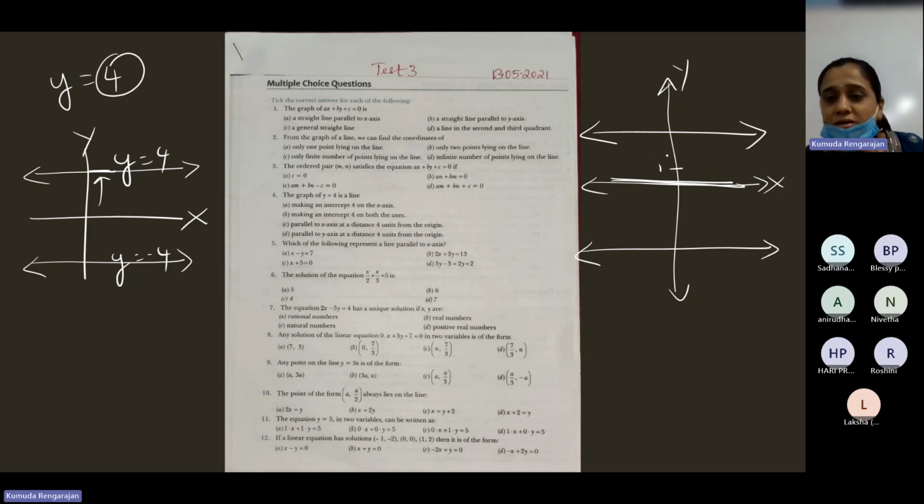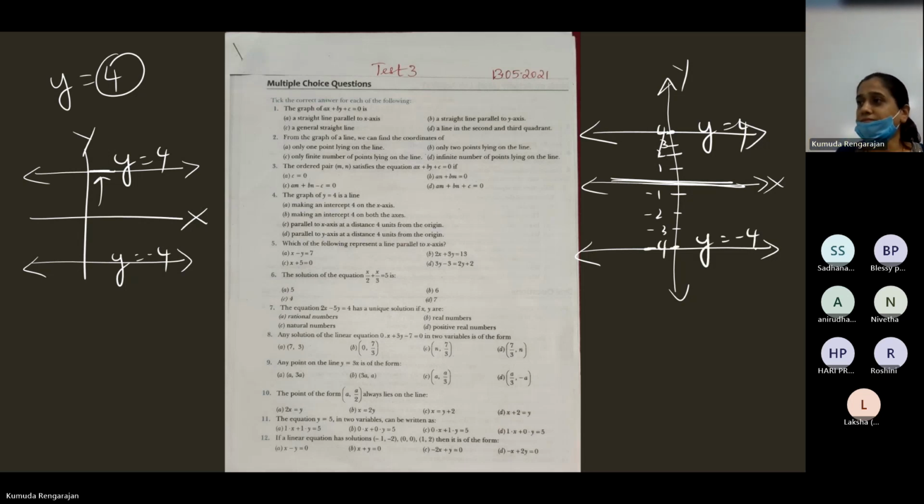So here it will be 1, 2, 3, and this is 4. So this is y is equal to 4. And minus 1, minus 2, minus 3, minus 4. This will be y is equal to minus 4. So what do we understand?